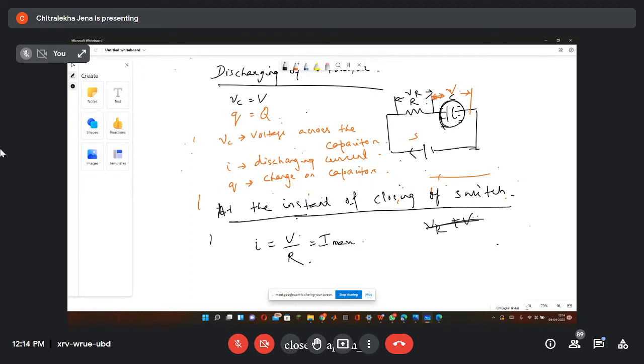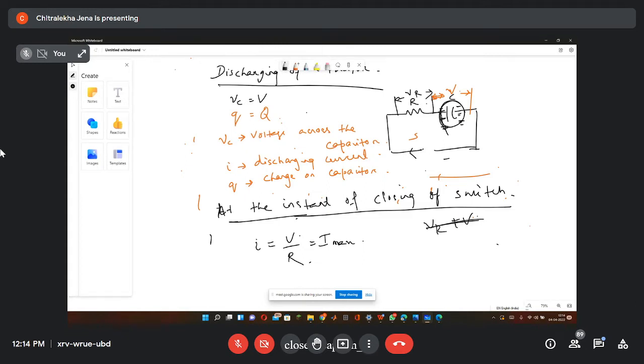Current will flow from higher potential to lower potential. So positive will be acquired on the left side plate and negative on the right side. Now while discharging, what will happen? This has acquired a voltage of V volt.